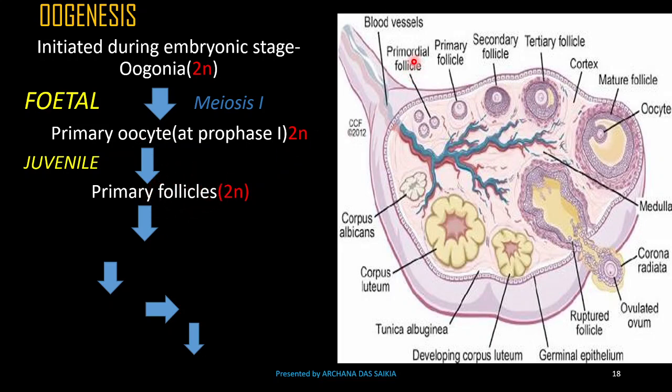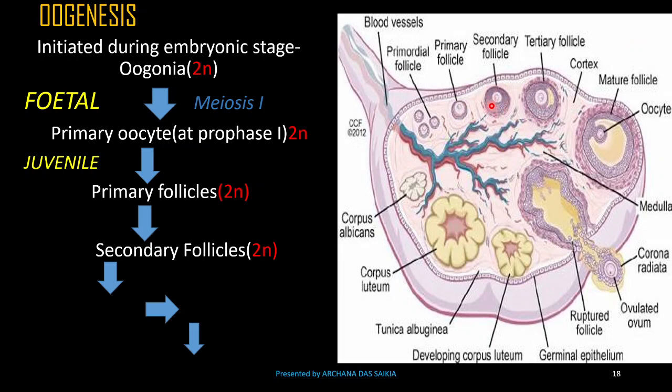Here you can see the primordial follicle. That means some coverings, some cells start growing around them. The primary follicle starts growing, still having 46 chromosomes. Secondary follicles also start developing.